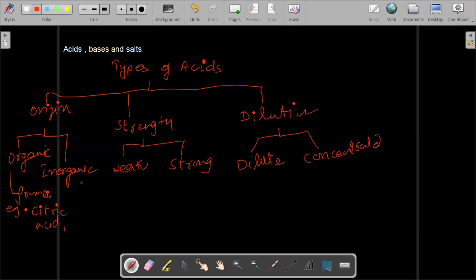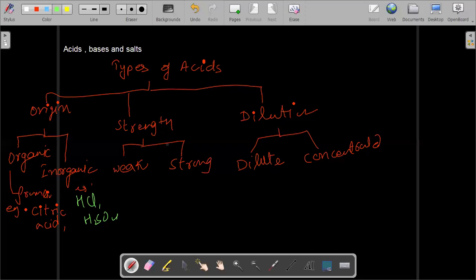Sir, which are made in the lab. Yeah, they can be made in the laboratory, they are not obtained from living organisms. For example, HCl, H2SO4, these are inorganic acids. What about H2CO3? Is it organic or inorganic? Inorganic. Yeah, H2CO3 or carbonic acid is inorganic.